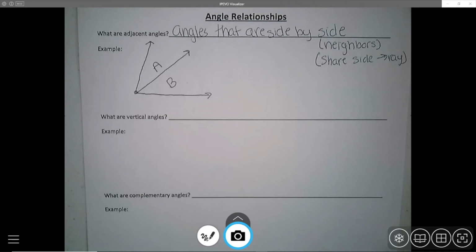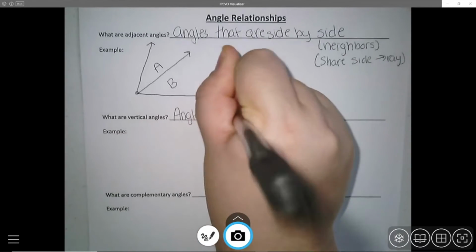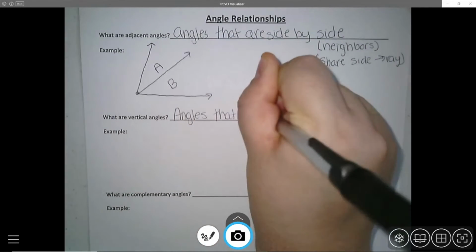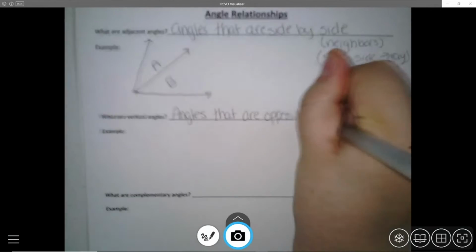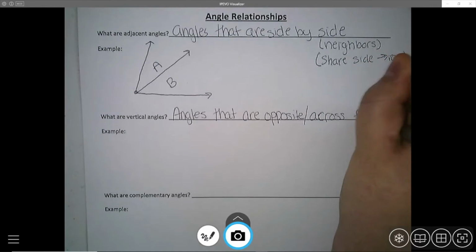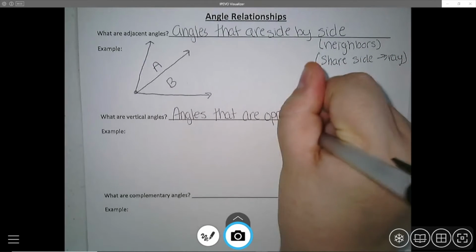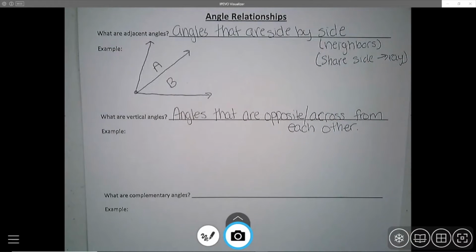This next one, vertical angles, comes up quite a bit. These are angles that are opposite or across from each other.